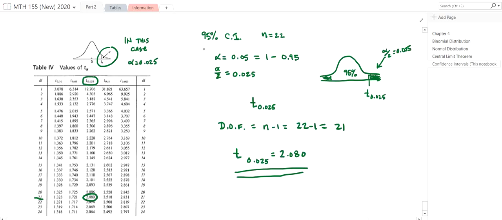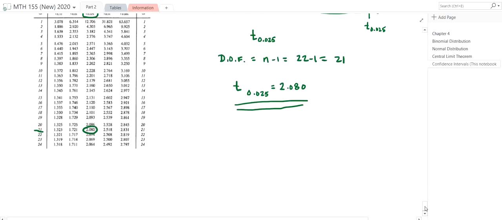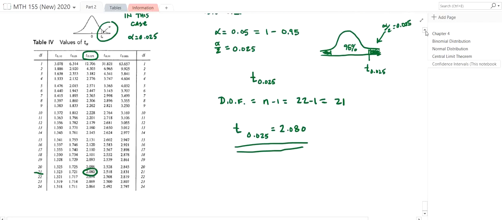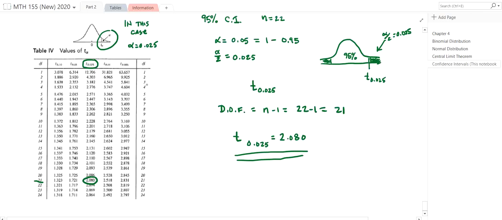We'd have the confidence interval of 98%, a confidence interval of 90%, a confidence interval of 80%, and you can back calculate what these alphas are and why they represent those. So this table is not as extensive as our z table. It's only good for certain types of confidence intervals. And of course, when I give an exam, I will only give you a confidence interval that you can get off of this table.